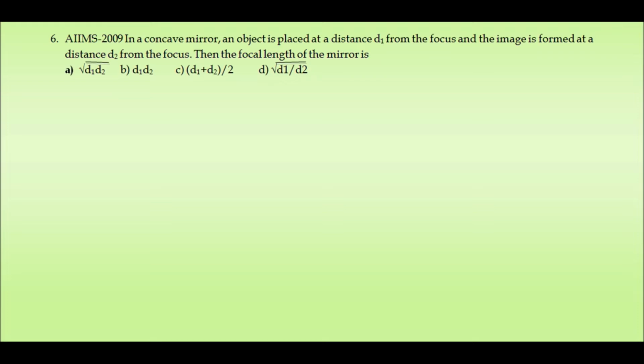We have already learned the Newton formula, in which if the distance of object and image is measured from the focal point instead of the pole, then the focal length of mirror f is the square root of x1 into x2, where x1 is the distance of object from f, and similarly x2 is the distance of image from f.